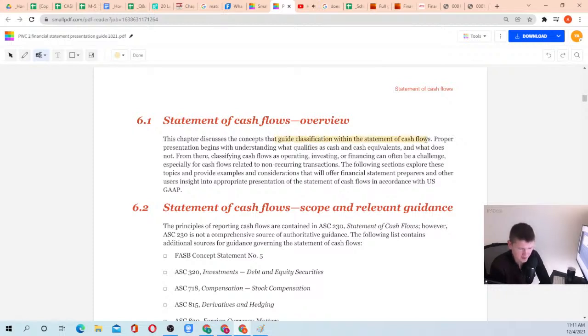Guide classification within the statement of cash flow. Proper presentation begins with understanding what qualifies as cash and cash equivalents. So we need to define cash and cash equivalents and what does not. From there, classifying cash flow as operating, investing, or financing can often be a challenge, especially for cash flows related to non-recurring transactions. For the following section, explore these topics.